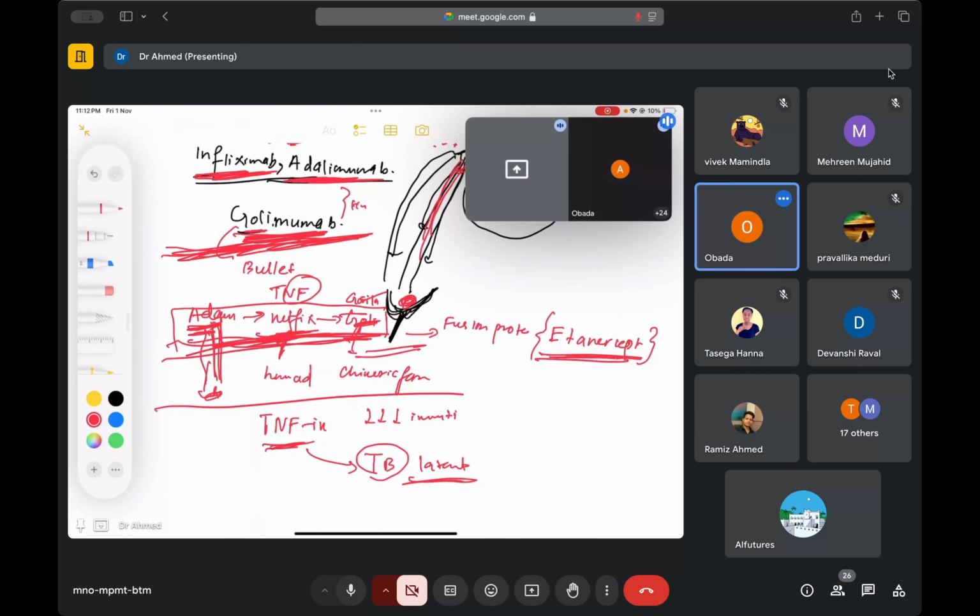This is a high yield adverse effect. You guys must know that. So before giving a person TNF inhibitors, you must screen them for tuberculosis, right? If they have a latent infection of tuberculosis, because of TNF alpha, you have a lot of MCQs based on this concept. You guys would already have done those MCQs, right?